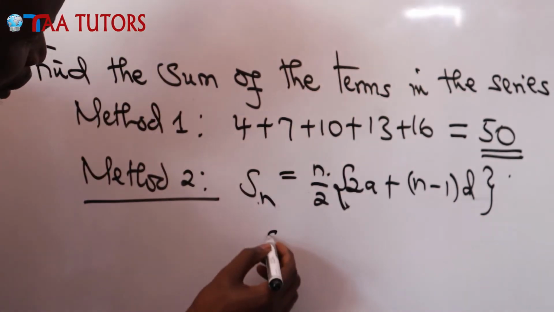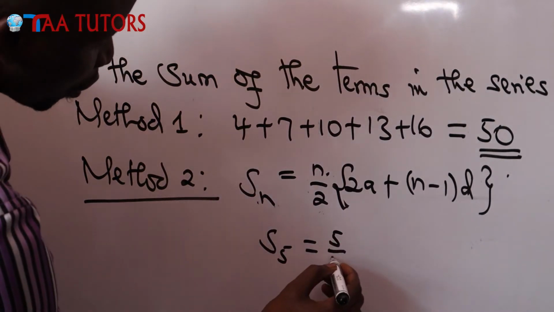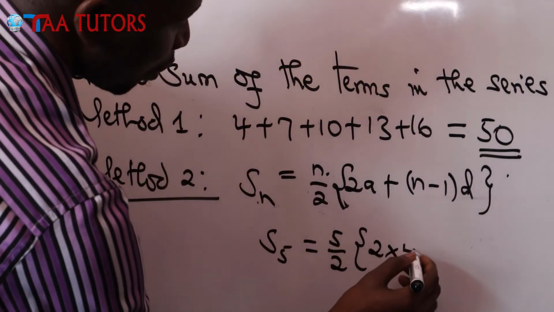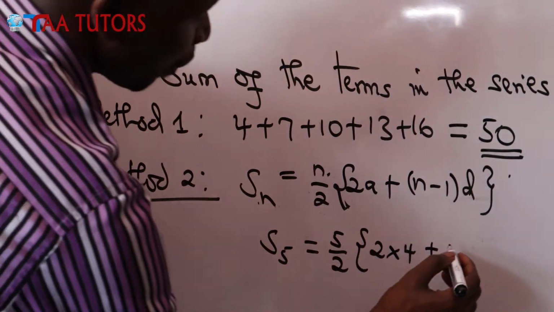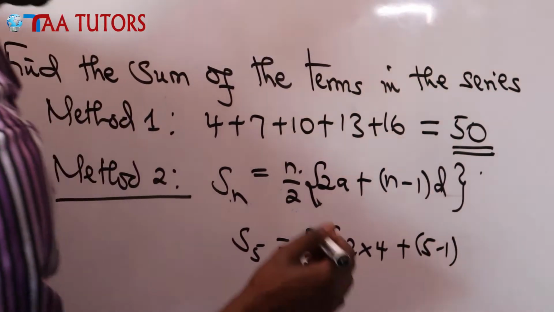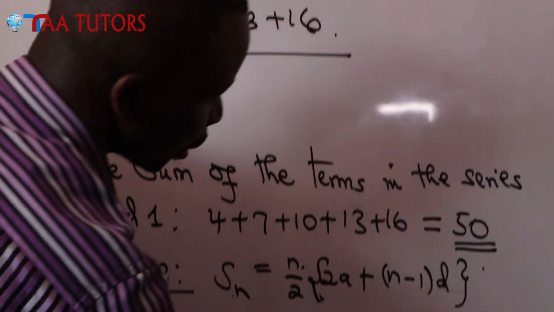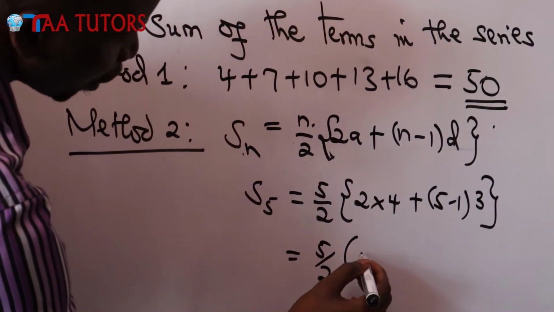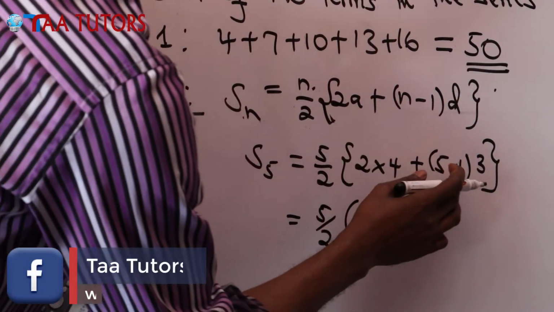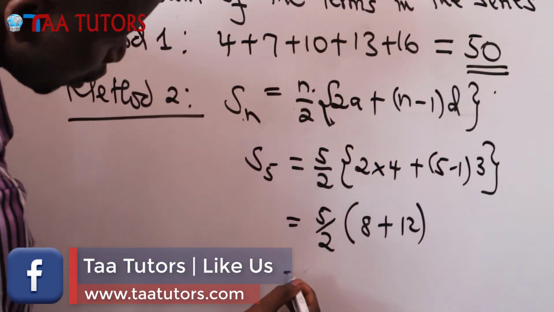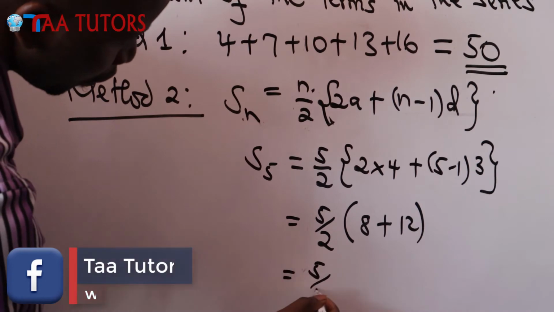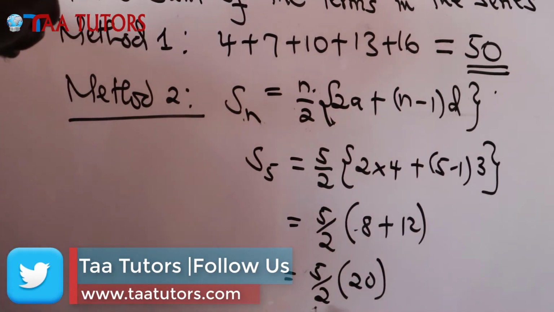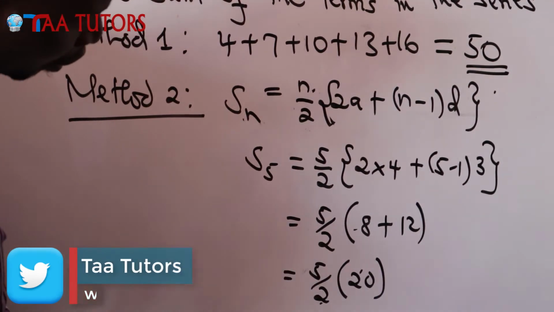So the sum of 5 terms will be 5 over 2 times 2a, and a is 4, so 2 times 4, plus n is 5, so 5 minus 1, times d, and d is 3. So we have 5 over 2 times 8 plus 4 times 3, which is 12. So we have 5 over 2 times 20. 2 goes into 20 10 times, and 10 times 5 is 50.